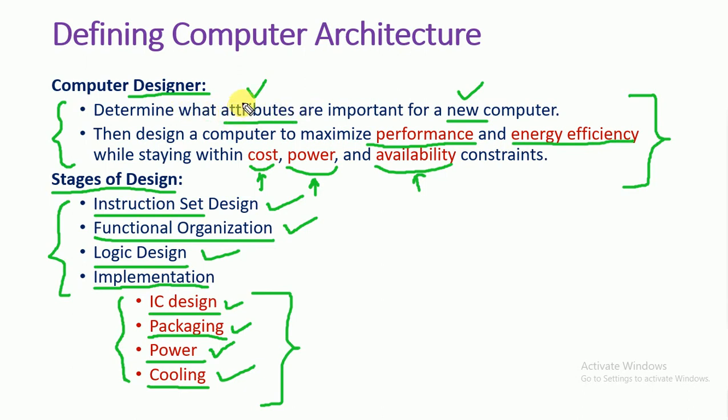Overall, he will decide the different attribute requirements for a new computer. Accordingly, he will try to design a computer with maximum performance and maximum energy efficiency, with less cost, less power, and more availability constraints. The different stages of that design consist of instruction set design, functional organization, logic design, and finally implementation.